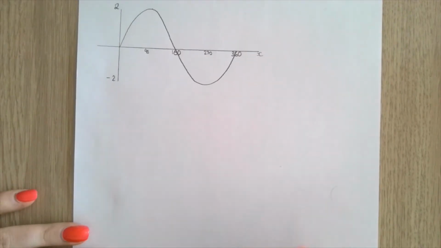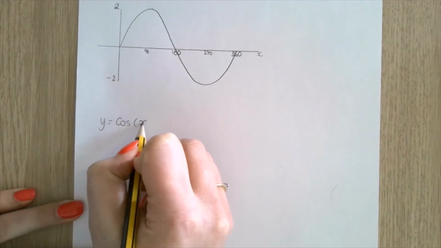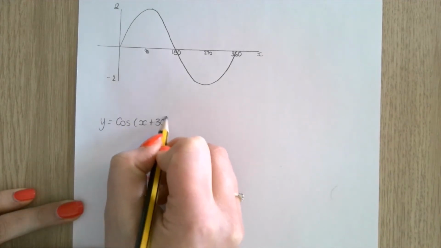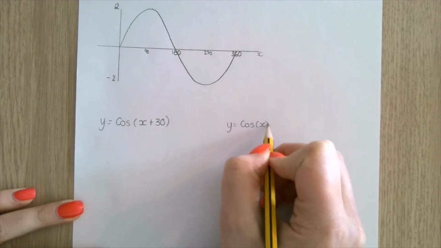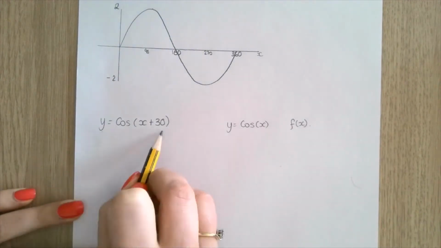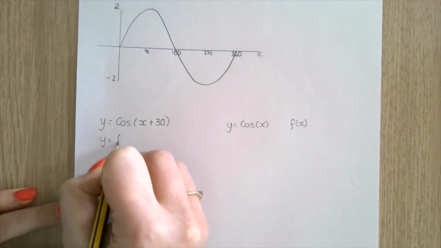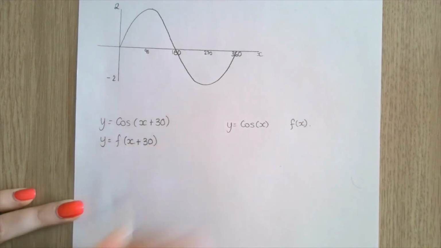So the next one that I'm going to look at is y equals cos of x plus 30. So if I say y equals cos x is my f of x graph, what I've got here is y equals f of x plus 30.